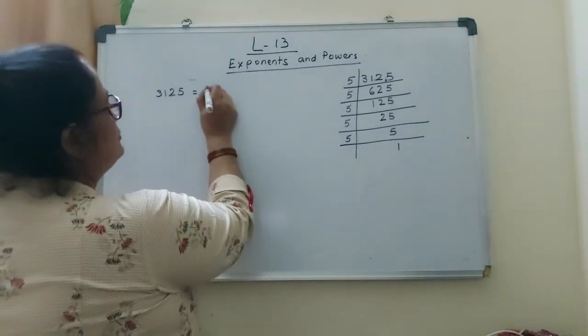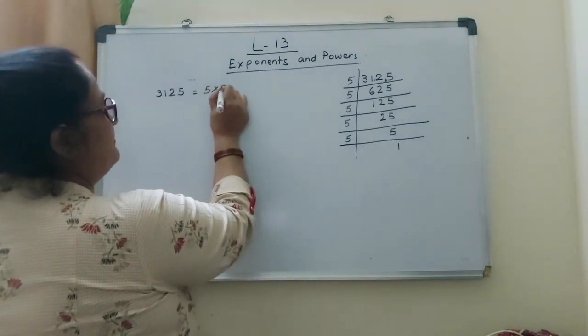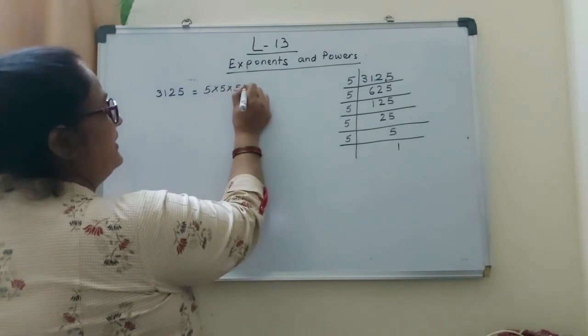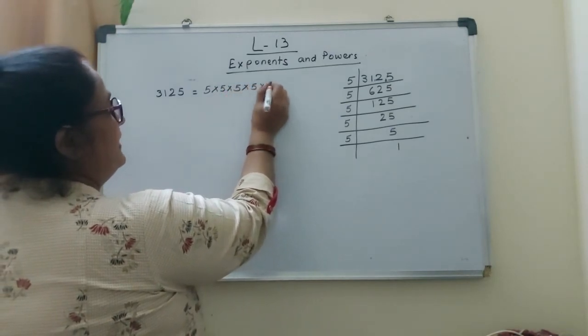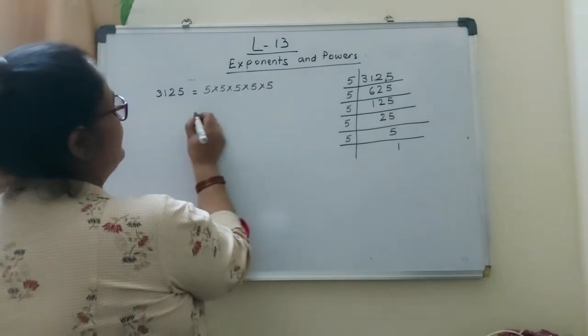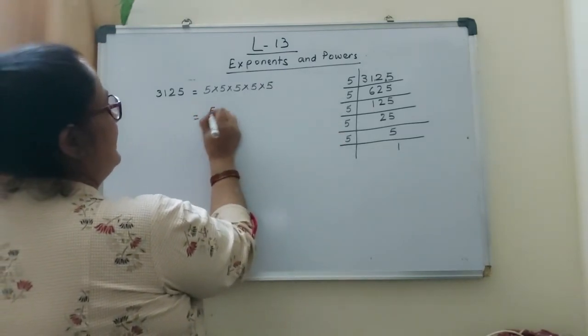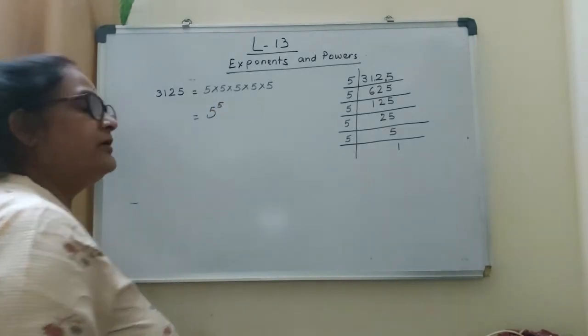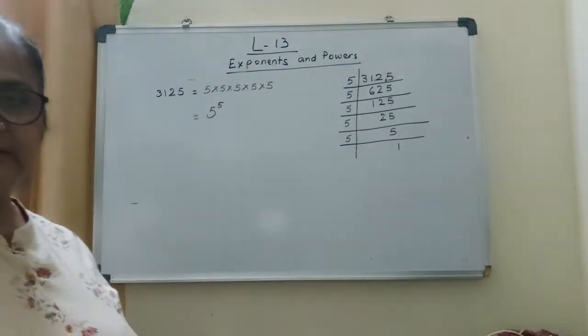So 3125 is 5 multiplied by 5 multiplied by 5 multiplied by 5 multiplied by 5. 1, 2, 3, 4, 5 times it is occurring. So 5 raised to the power of 5. That will be the answer.